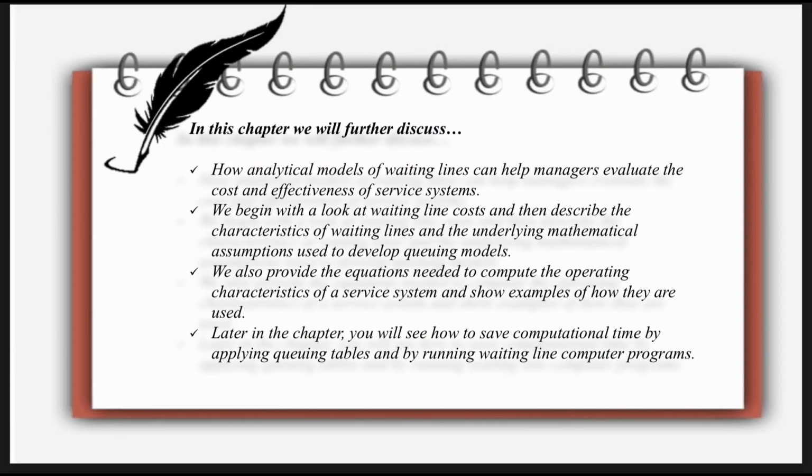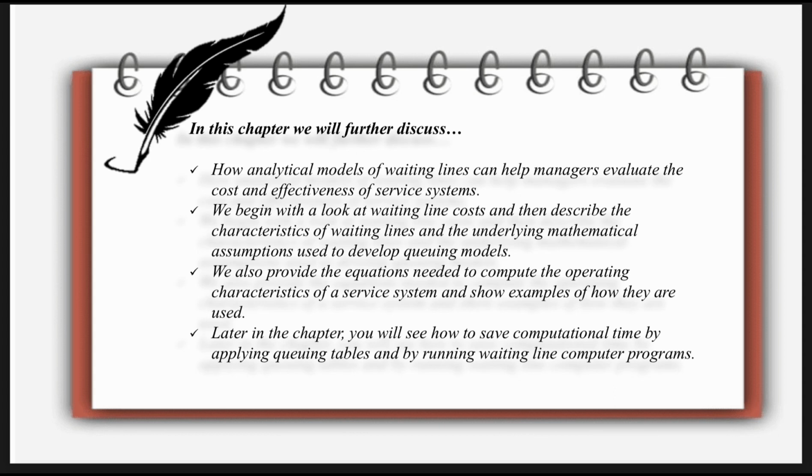In this chapter, we will also discuss how analytical models of waiting lines can help managers evaluate the cost and effectiveness of service systems. Next, we begin with a look at waiting line costs and then describe the characteristics of waiting lines and the underlying mathematical assumptions used to develop queuing models.